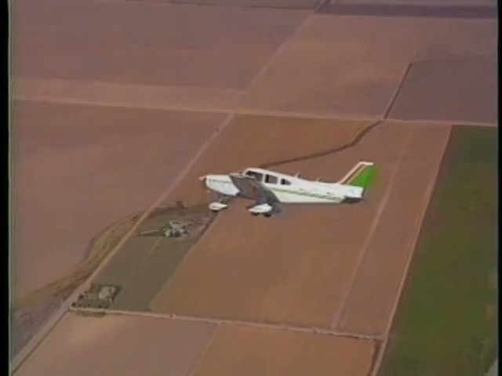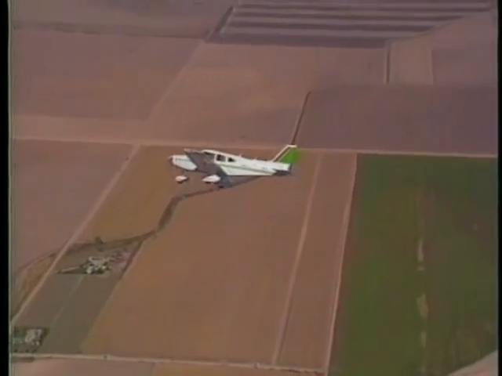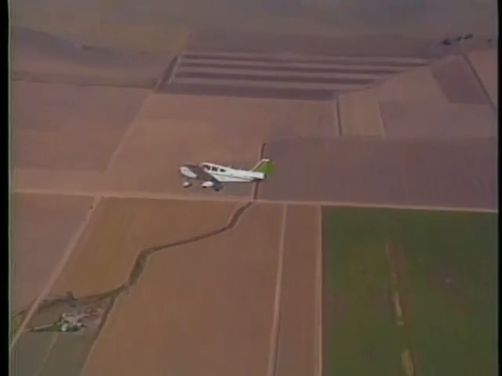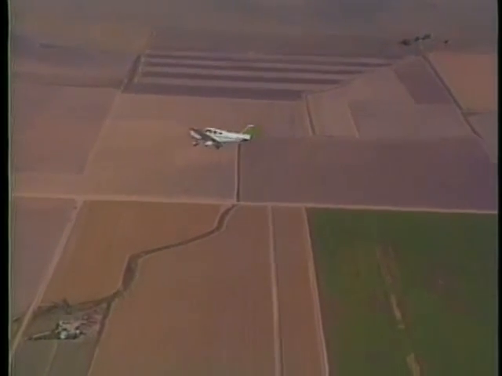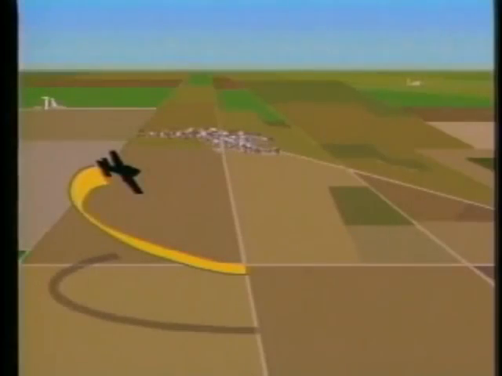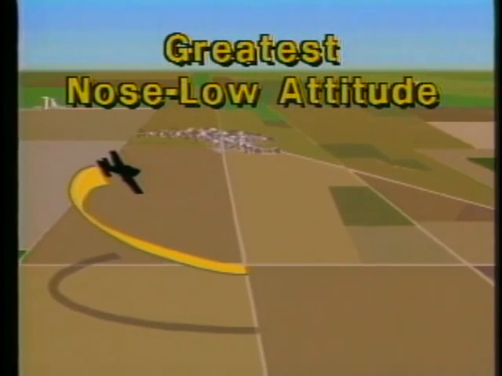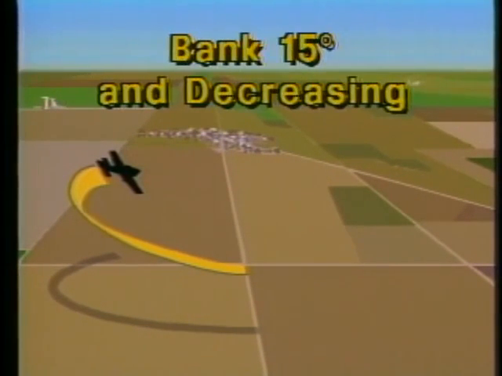As you pass through the 90-degree point, gradually lower the airplane's nose and slowly decrease the bank angle. Your goal is to reach the 135-degree point at the greatest nose-low pitch attitude. The bank angle should be approximately 15 degrees and decreasing.